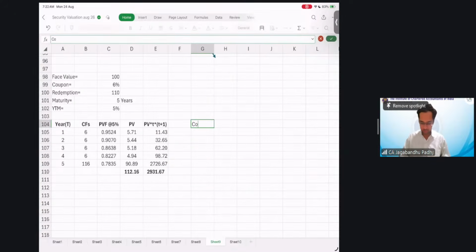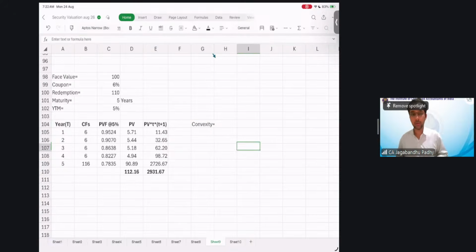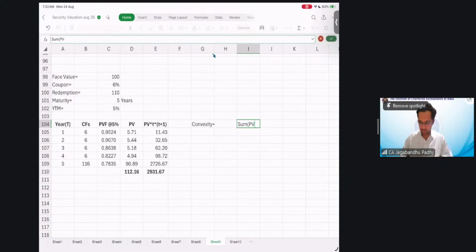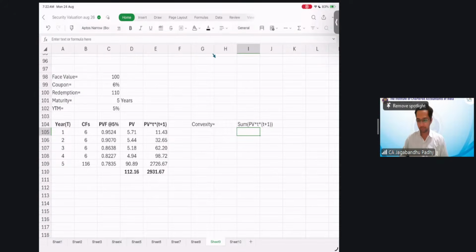So let's try to get the convexity. Convexity is the summation of PV into T into (T plus 1), and then you divide by bond value into (1 plus YTM) square. Just substitute the values.